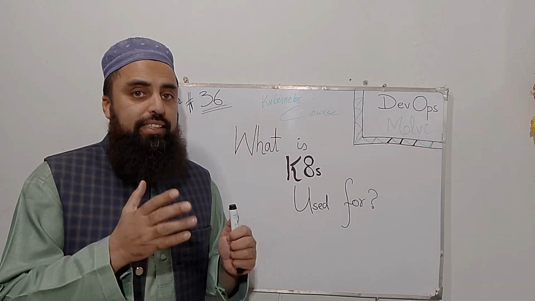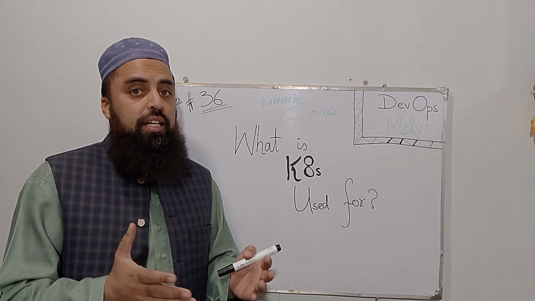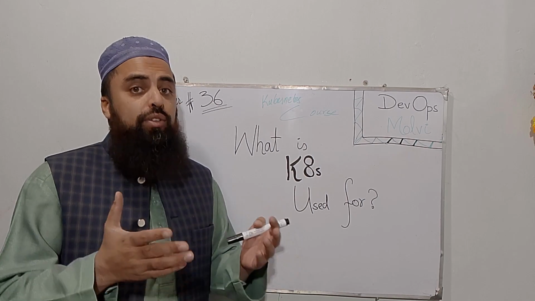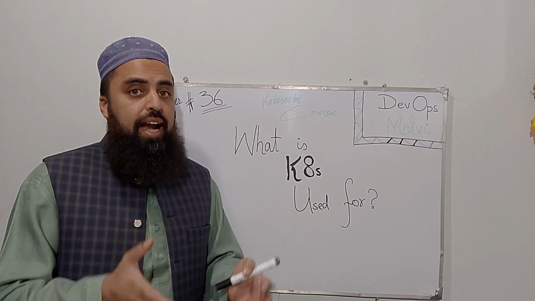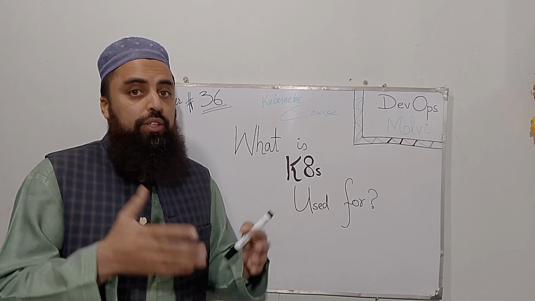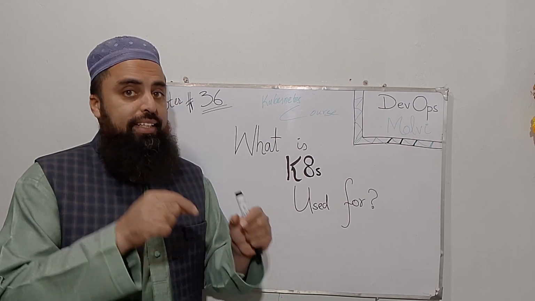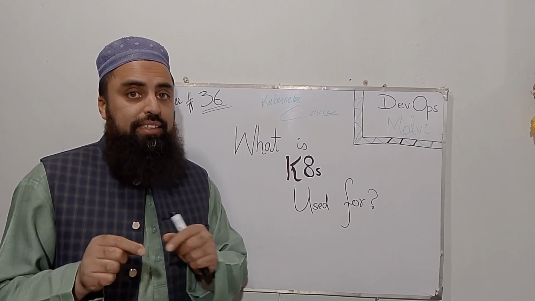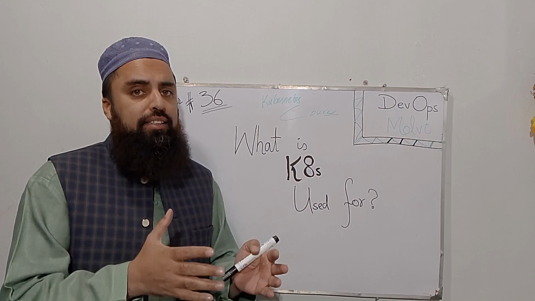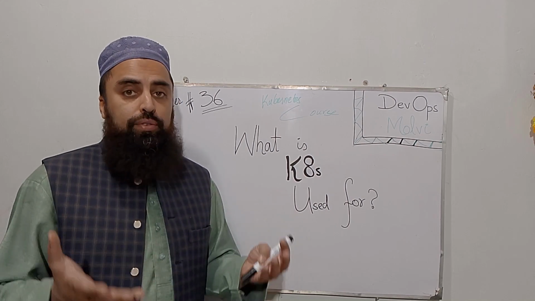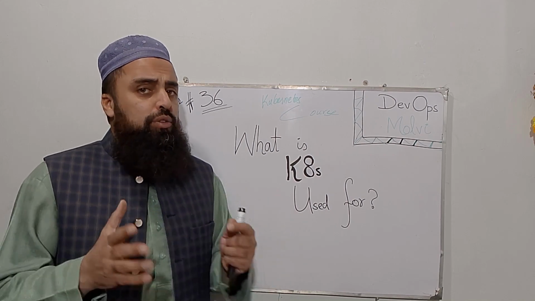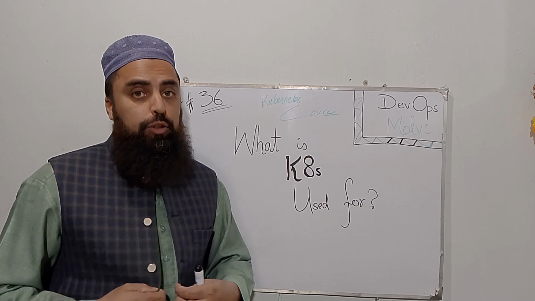I gave you the example of a ship with hundreds or thousands of containers, and that ship is run by a captain. So Kubernetes is the captain who runs the ship, and that ship contains thousands or millions of containers. So now we should know what is Kubernetes used for.